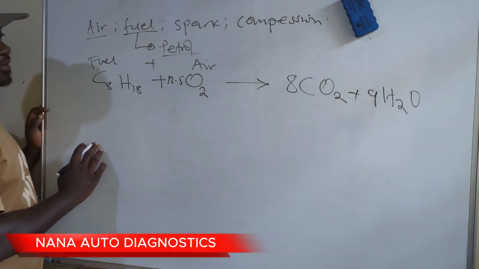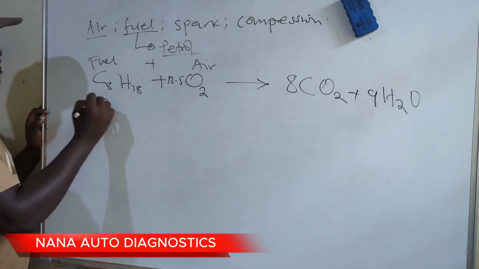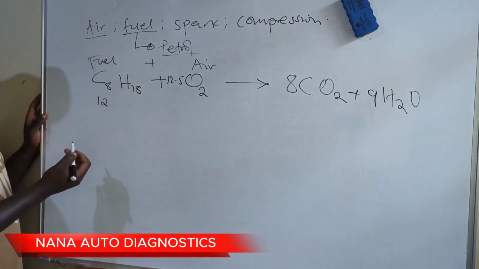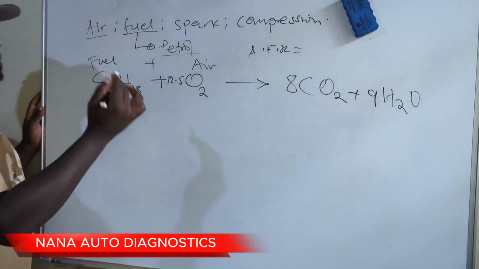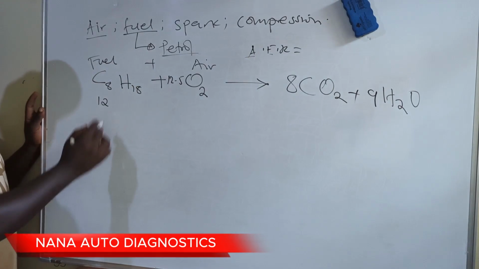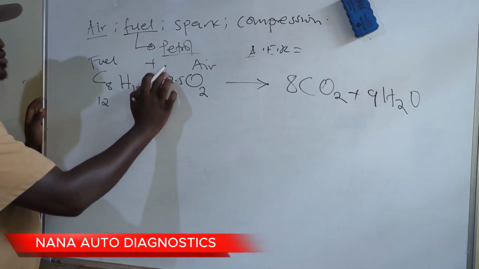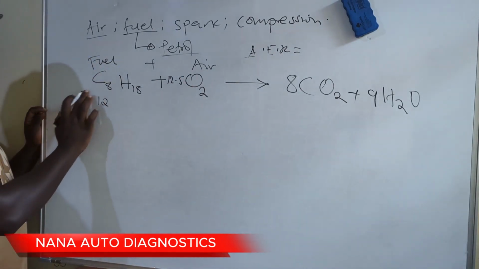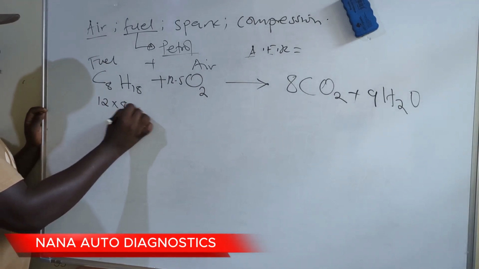Now, carbon by mass is 12, and there are 8 of them. Now we are computing the mass. Remember, the air-fuel ratio is defined as the mass of air to the mass of fuel. So let's compute for the mass of the fuel and also compute the mass of air. So the atomic mass of carbon is 12, and there are 8 of them.